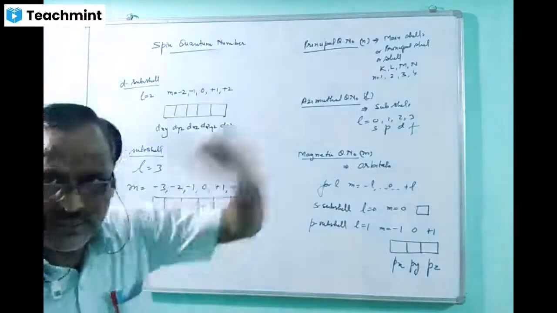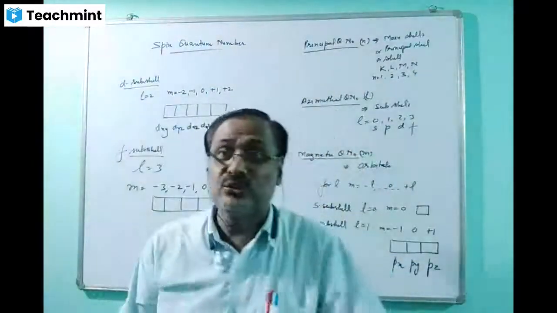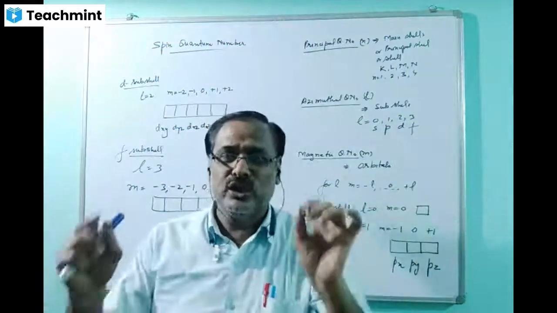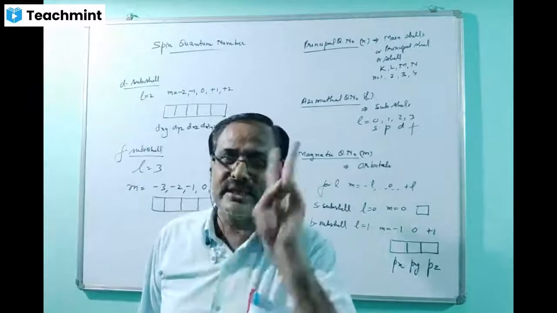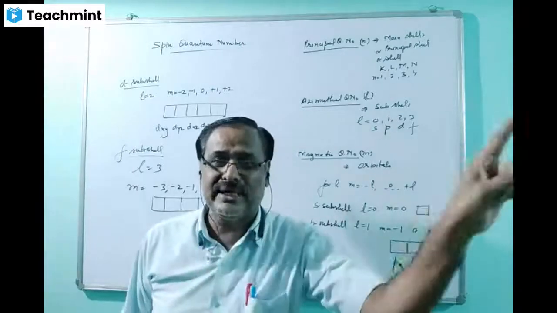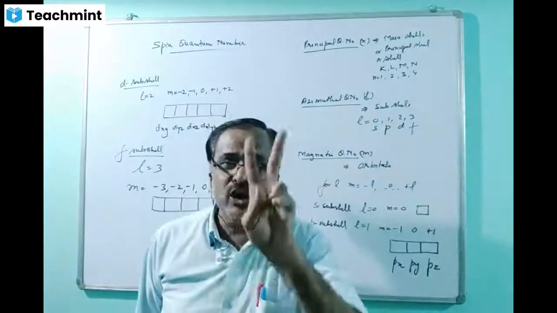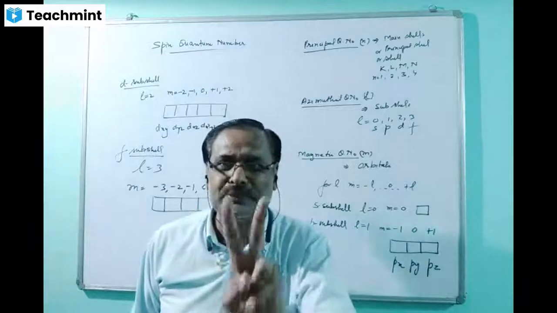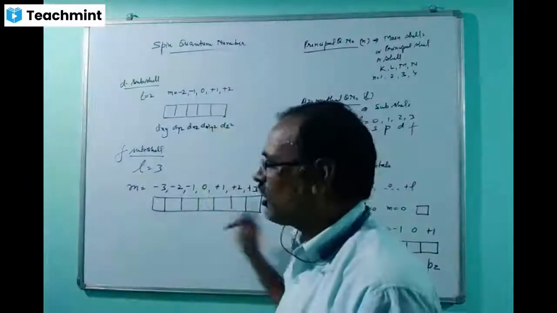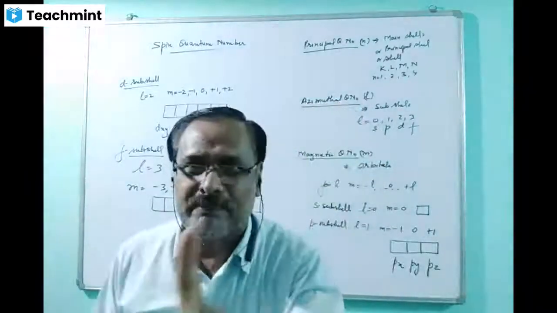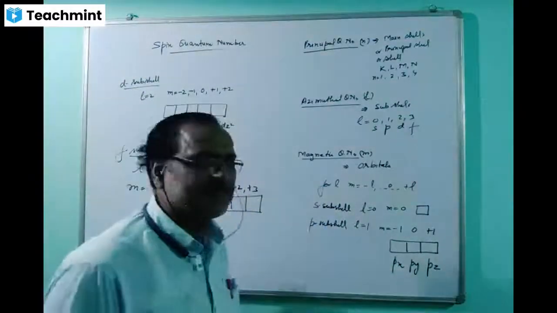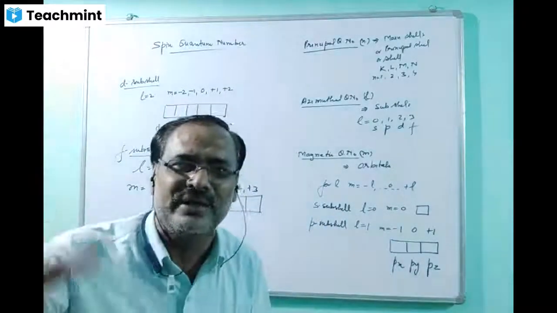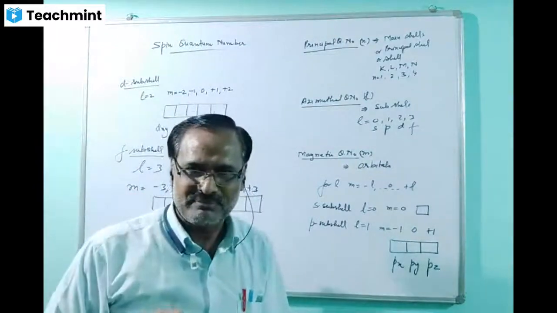Because in the coming topic, I will tell you how to fill up the electrons. You have studied that an orbital can hold a maximum of 2 electrons. I have given you the difference between orbit and orbital: an orbital can hold a maximum of 2 electrons. So in each orbital, 2 electrons can be filled. Now the question for you: in the S subcell, how many electrons can be filled? 2.